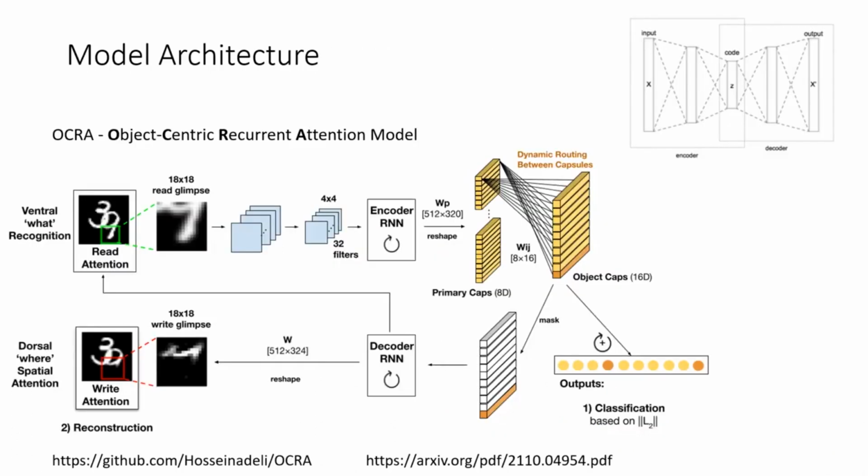Bringing these ideas together, we built Okra, an object-centric recurrent attention model. This model is based on the encoder-decoder framework, where the processing along the encoder can be mapped onto the ventral pathway. In our model, a hierarchy of convolutional, recurrent, and capsule layers provide an object-centric representation of the glimpse input.